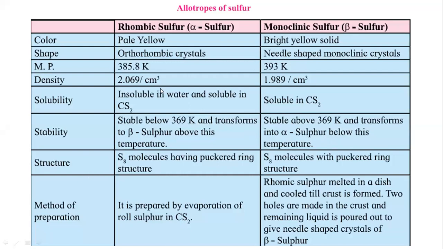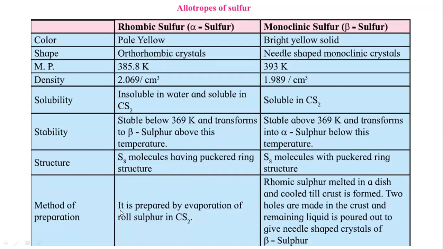Then structure: rhombic sulfur exists as S8 molecules having a puckered ring structure. I will show the structure of rhombic sulfur also. Monoclinic sulfur also has S8 molecules with a puckered ring structure, both having the same structure.